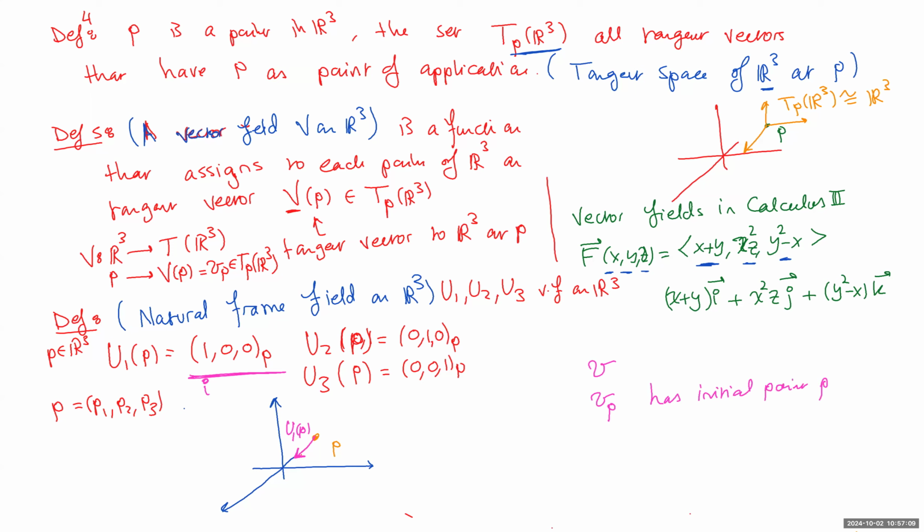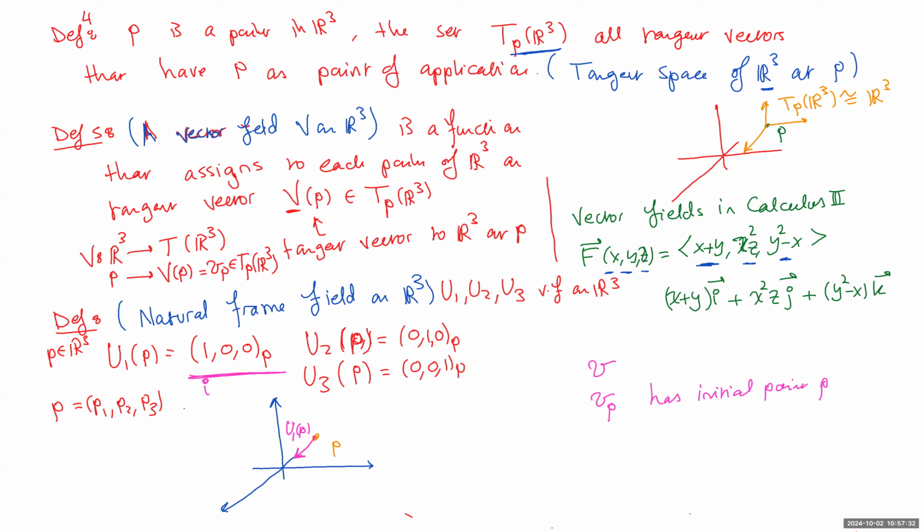This thing we didn't use in Calc 3 because most of the time we didn't need it. But in differential geometry, we will need that. We will use it later on, the idea to be able to point out an initial point for the vector.